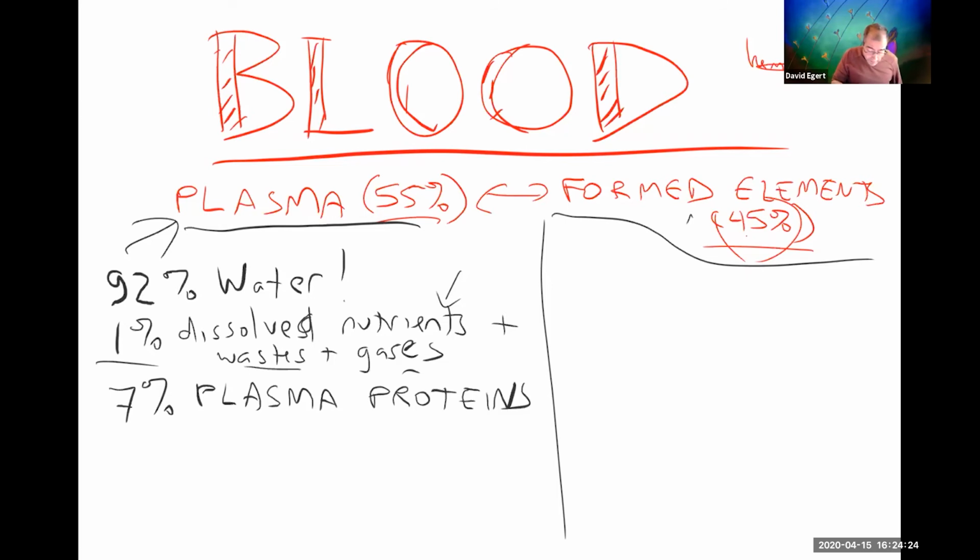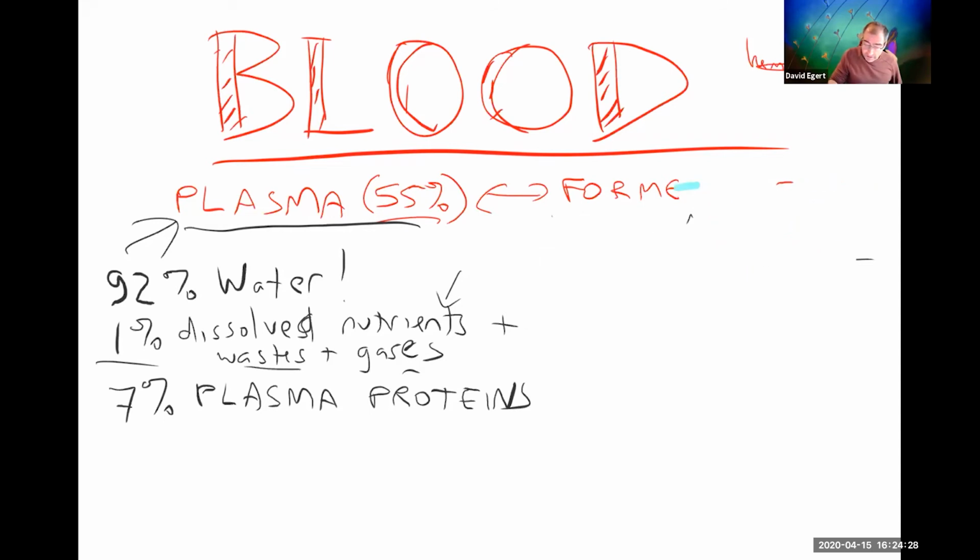So let's talk about the plasma proteins, and I'm going to get rid of the formed elements side here for now, just so I give myself more room to play. The plasma proteins are big proteins. They're inside your blood and they stay in your blood. Even when you have those fenestrated capillaries, these plasma proteins are big enough that they don't leak out through the fenestrations. They tend to stay in. They play lots of different roles.